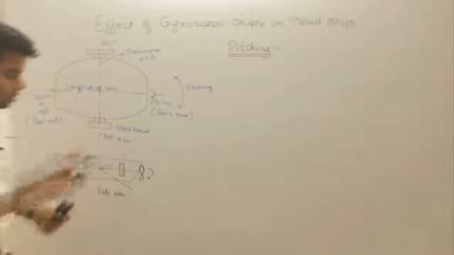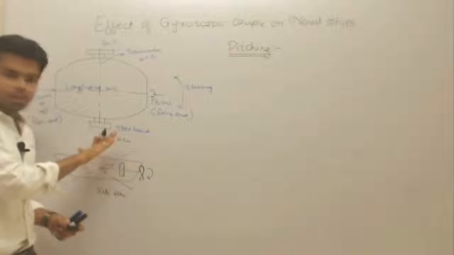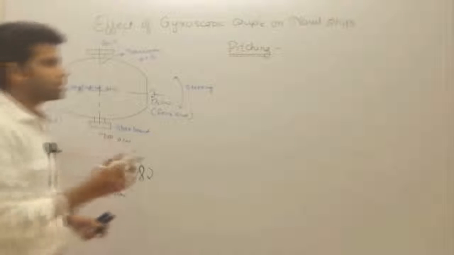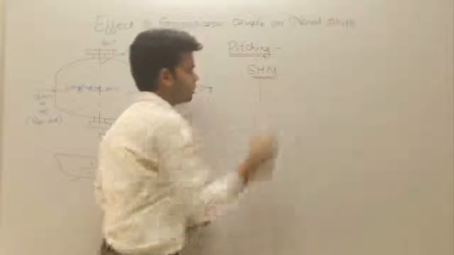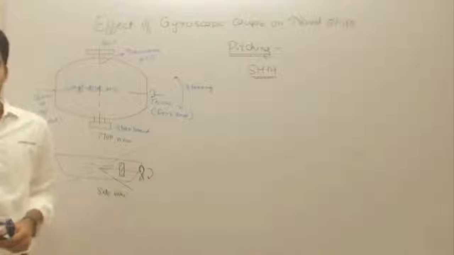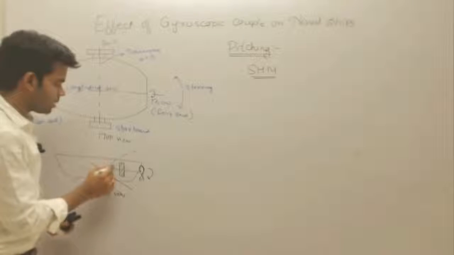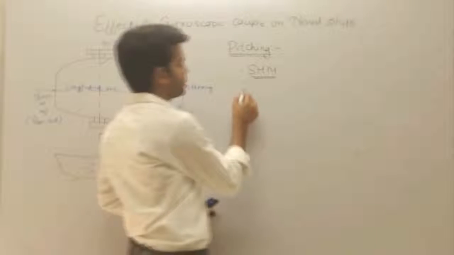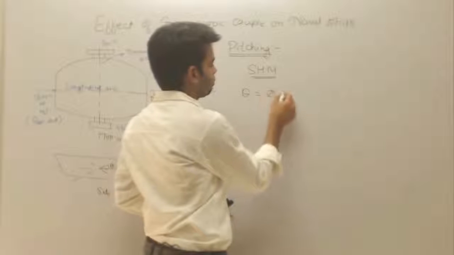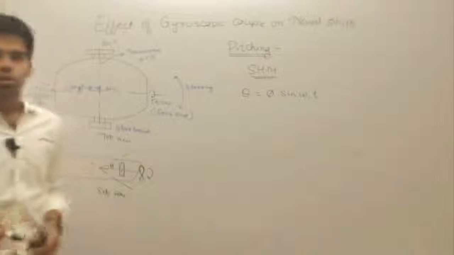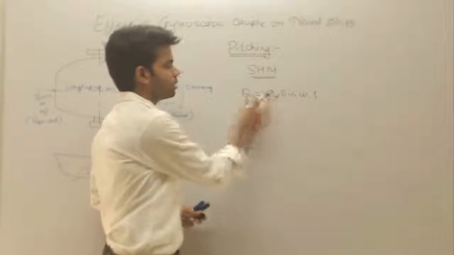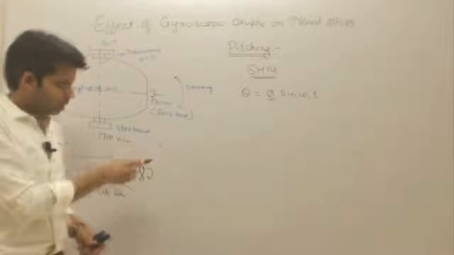Now, if the ship is pitching, let's suppose that the pitching motion is a simple harmonic motion. Okay, so what will be the value of this theta? This theta will be equal to phi sine of omega 1 t, where phi is the amplitude and theta is the displacement in the vertical plane.